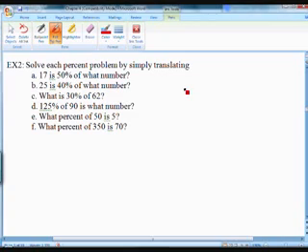This last problem, try it for me. Okay, 350 equals 70. Let's work this. What percent X times 350 equals 70?